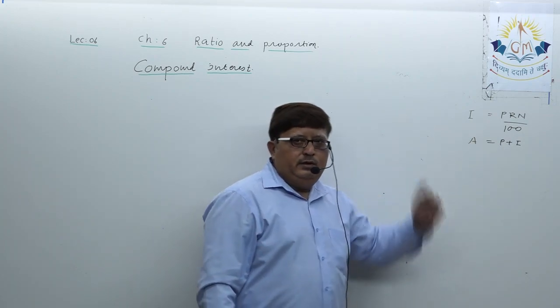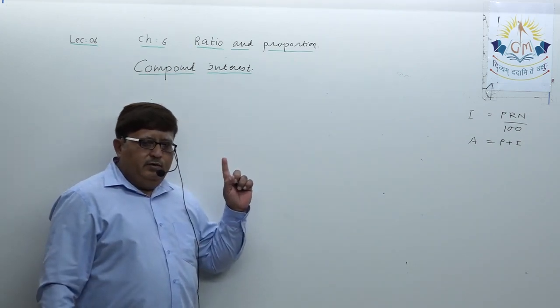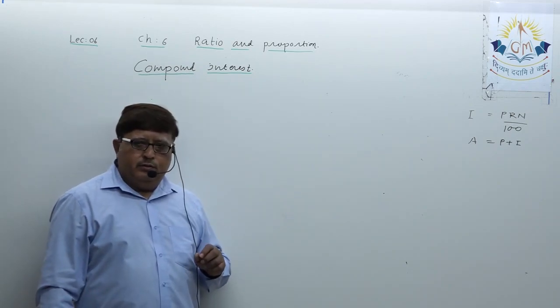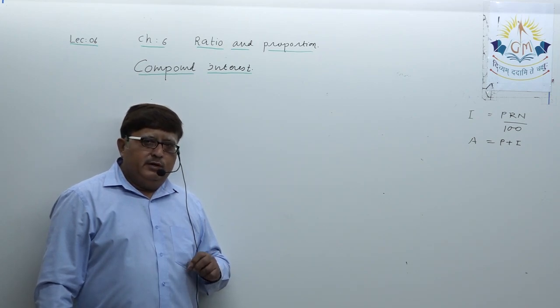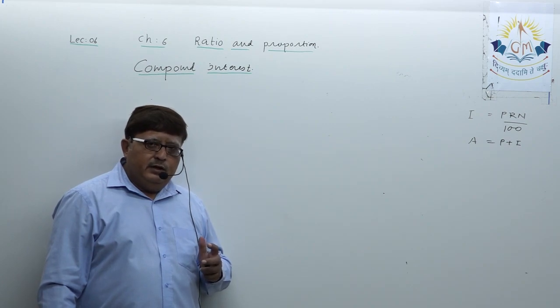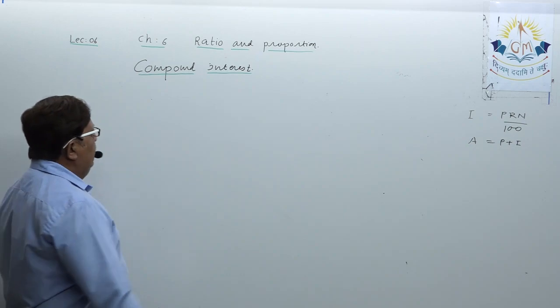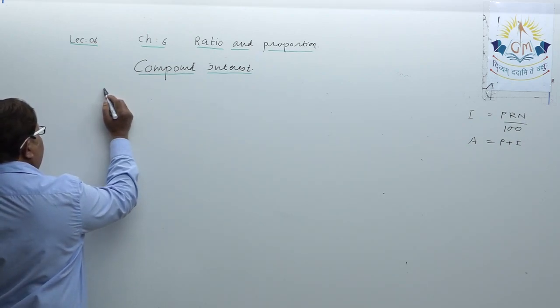When you solve examples you are going to directly apply the formula, no doubt, but I want you to at least get the idea of how you got this formula.